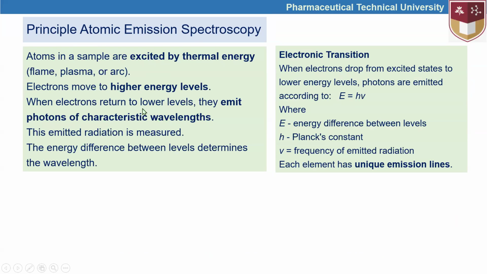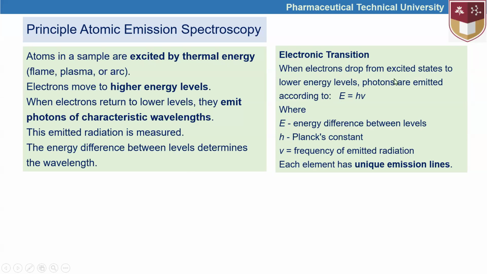When electrons return to lower levels, to their ground states, they emit photons, which are characteristic for some atoms based on their wavelength. And this emitted radiation is measured. The energy difference between levels determines the wavelength, and electronic transition is observed.